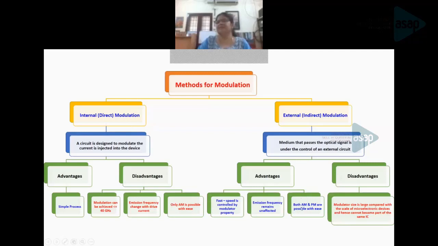The one disadvantage of external modulation is that the modulator size is large compared with the scale of a microelectronic device, and hence it cannot be part of the same integrated circuit. That is the only disadvantage of the external modulator.